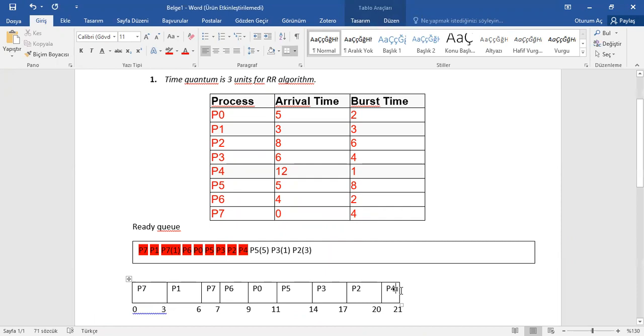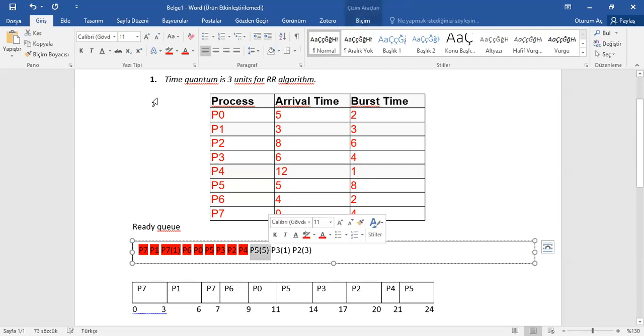Okay. P5 is 5 nanoseconds, so we have to put it back again. But I have to execute only 3 nanoseconds. So P5, I have to remove it from here and put it to the end of the queue.